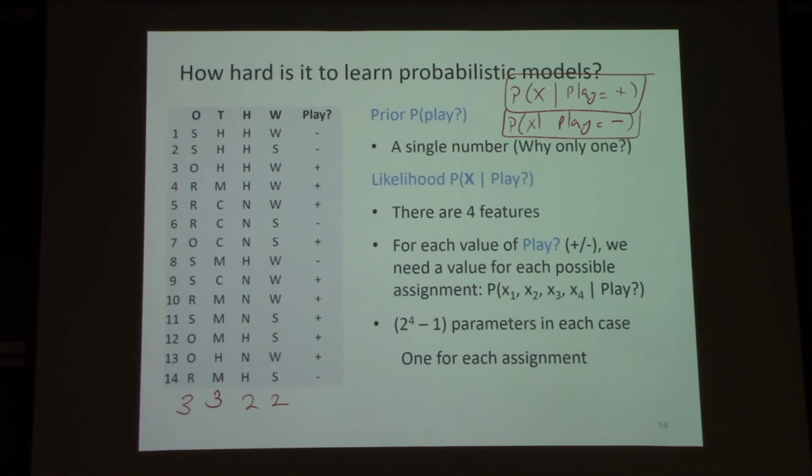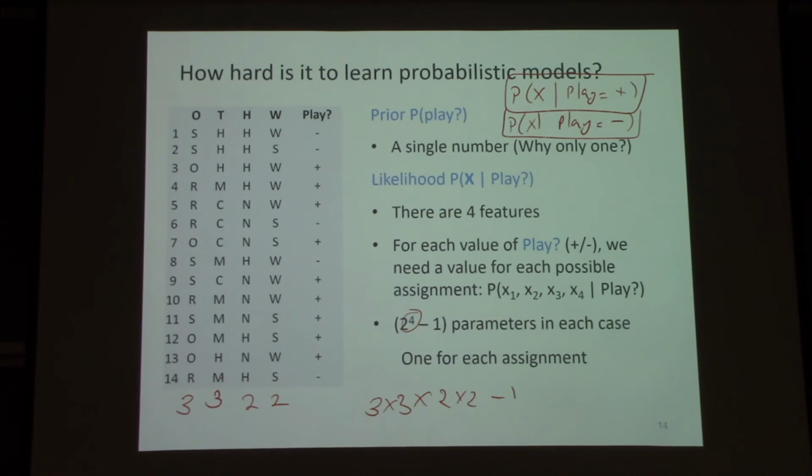The top table has how many entries? Actually, there's a mistake here because this cannot be 4. The top table has 3 times 2 times 2 times 2 minus 1 entries. For every possible combination of the features, we need 1 entry in the table. Minus 1. Why minus 1?